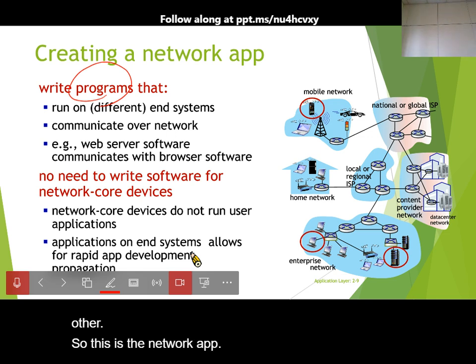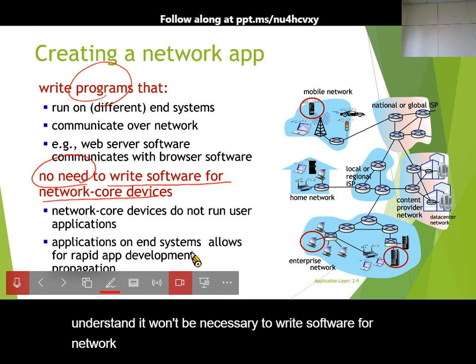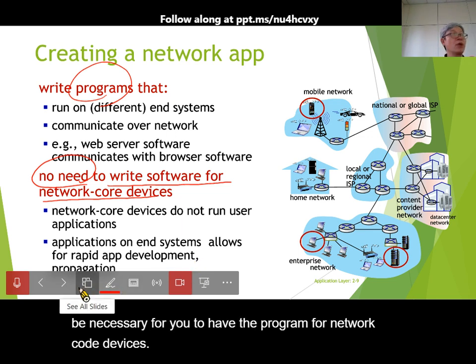If we have the network app, of course, you should understand it won't be necessary to write software for network core devices. You cannot touch them, so it won't be necessary for you to write programs for network core devices. Why?